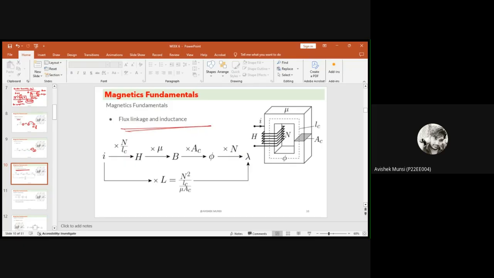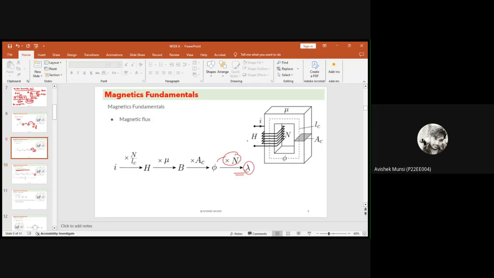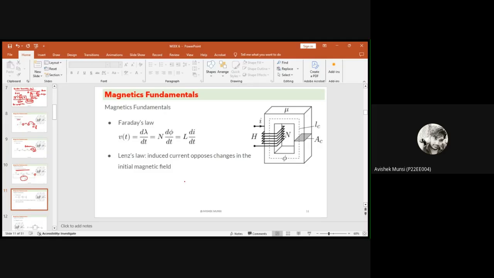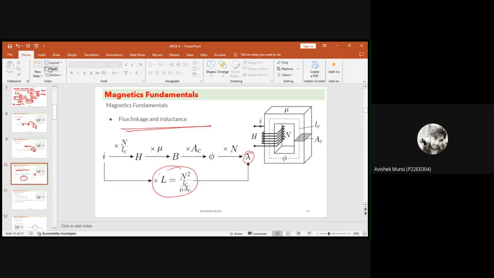Finally, this flux linkage, which we defined in the last slide, can be related to the inductor: I into L can be written as N square by LC mu S. This is the basic formula we derived from magnetic principles. So how could you relate it?